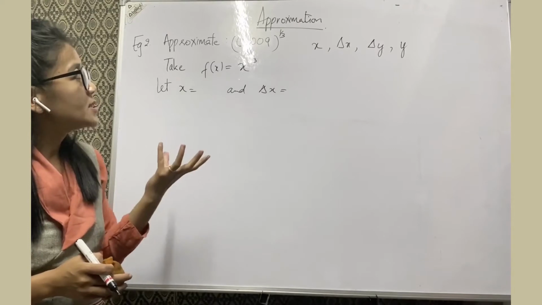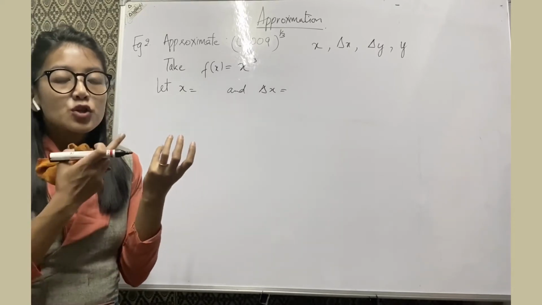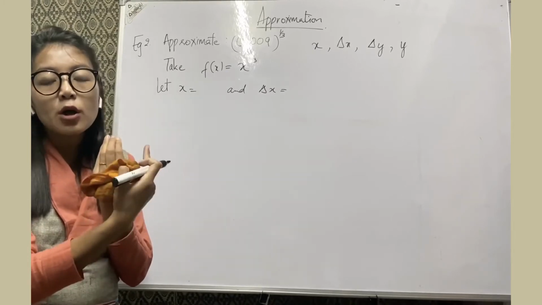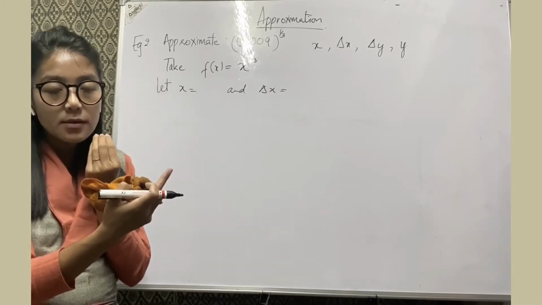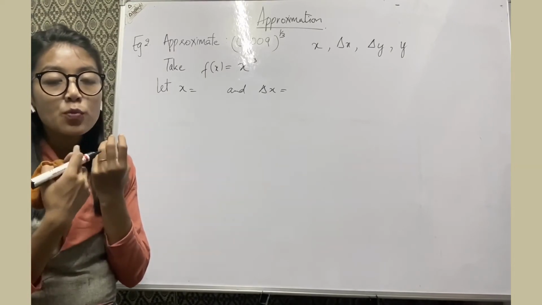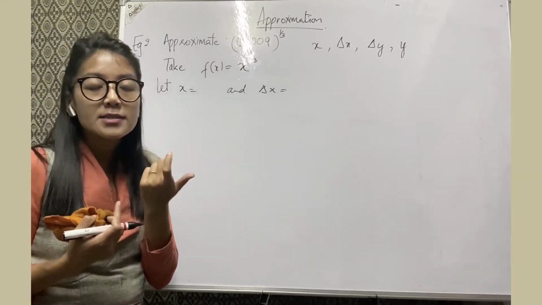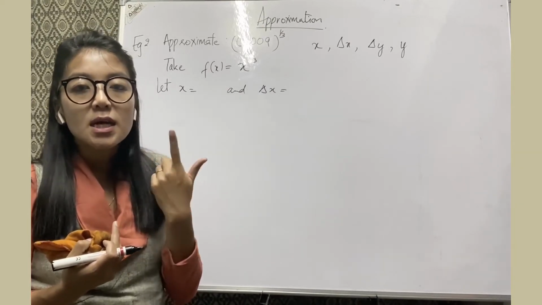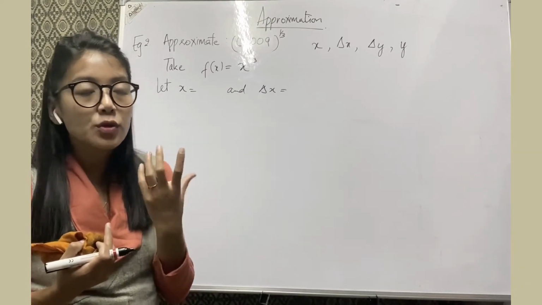Now 0.009, when I take this, you may think of choosing x is equal to 1, okay. Some of you may think of choosing x as 0.008, because the cube root of 0.008 is 0.2, right? So you can do that.